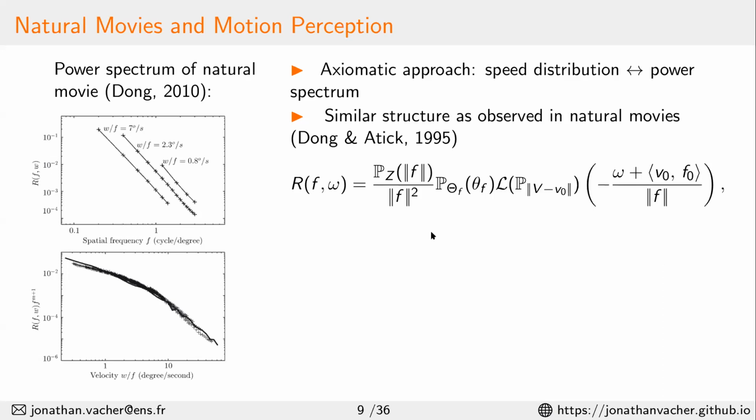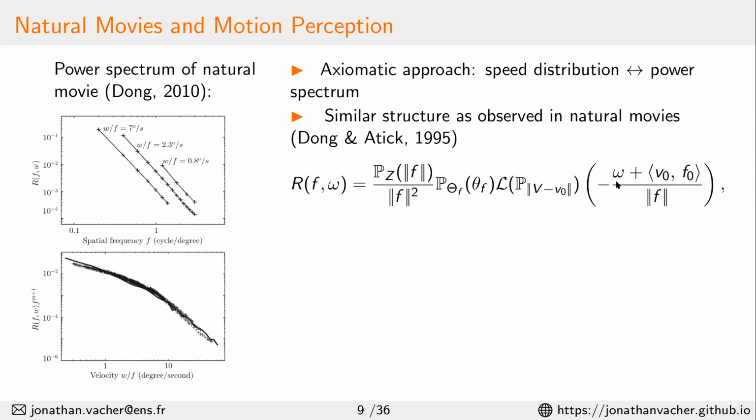What is interesting is that, if you change with this approach in the power spectrum, as the modulus of f is in the denominator, it will affect the variability of speed perception. So depending on the spatial frequency, you will be more confident or less confident.